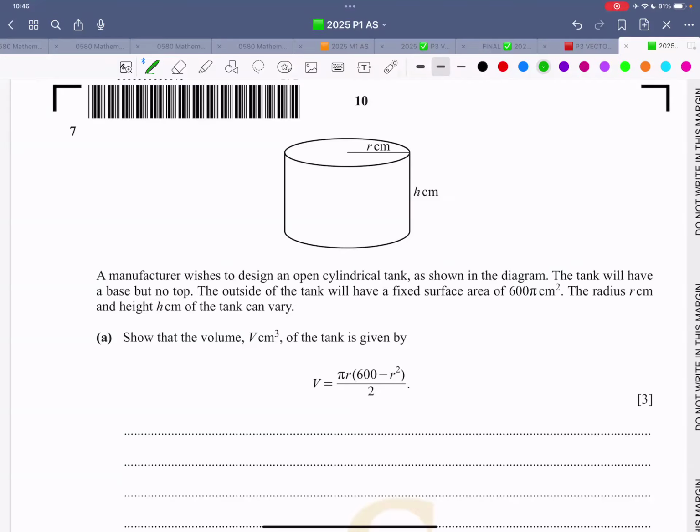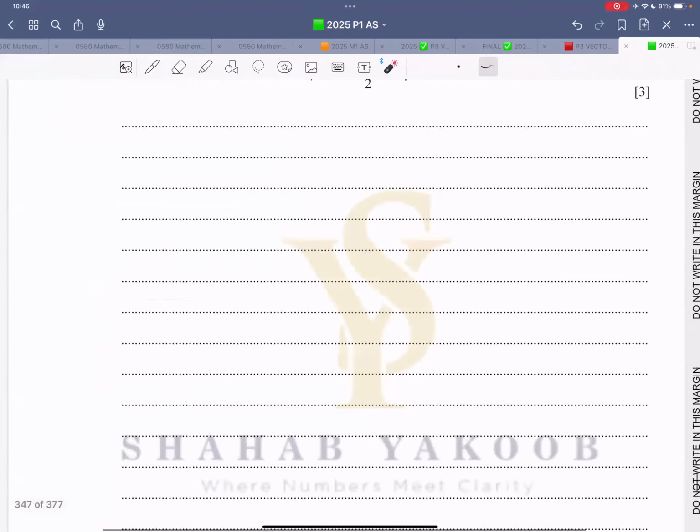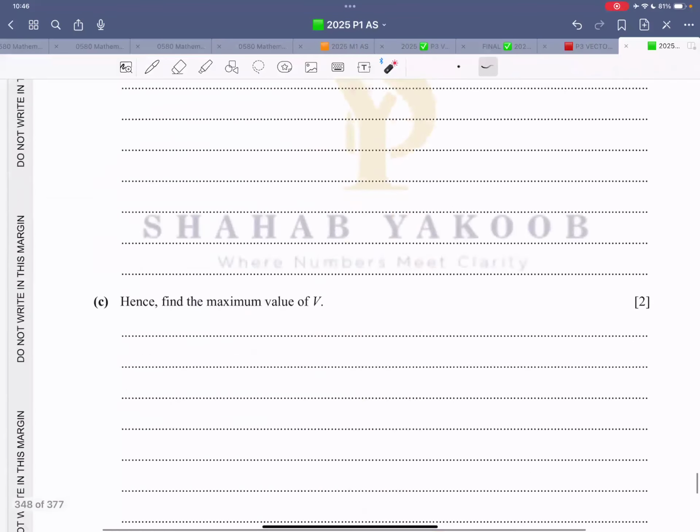The tank will have a base but no top. So it's open from the top. And then it says the outside of the tank will have a fixed surface area of 600 pi. So that is the curved surface area plus the base area. The radius r and the height can vary. Show that the volume of the tank is given by such and such. So this is one of those traditional stationary points questions, as you will see on the next page.